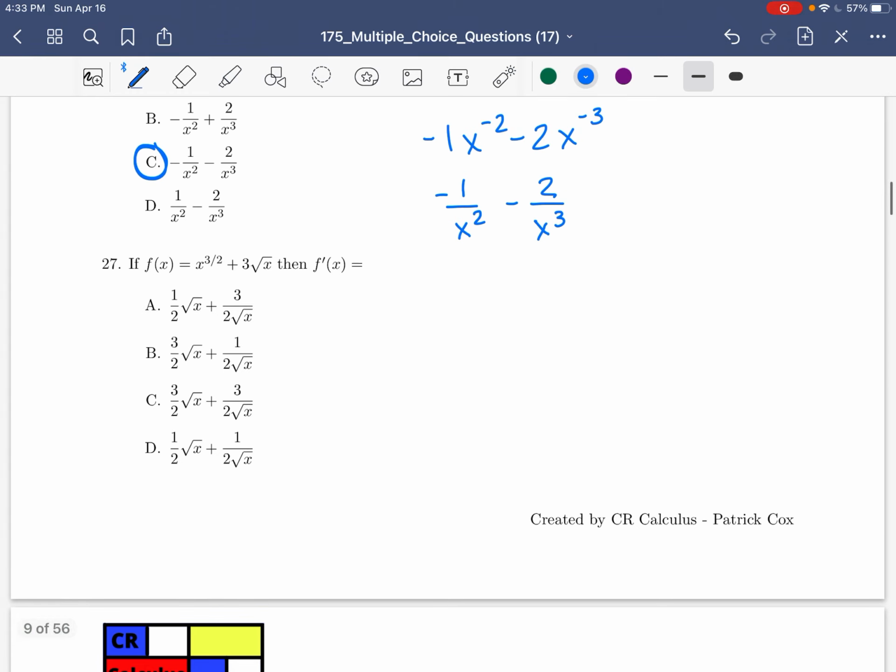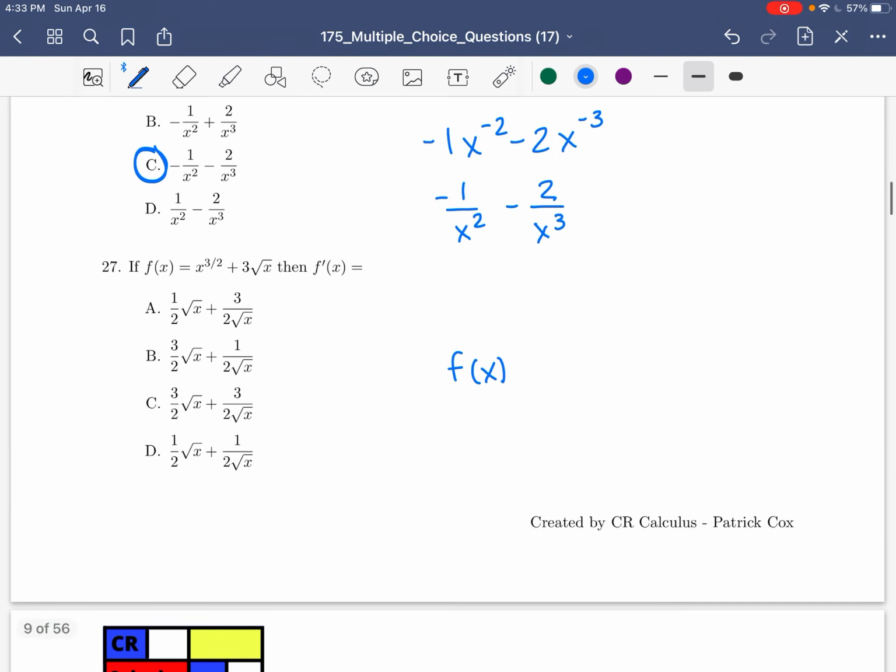27. Once again, let's change these to, so it's already as an exponent for this one, but then we're going to change this to plus 3x to the 1/2 power. So then my derivative is going to be 3/2 x to the, if we take the 3/2 exponent, subtract 1, we're left with 1/2, plus 3/2 x to the negative 1/2.